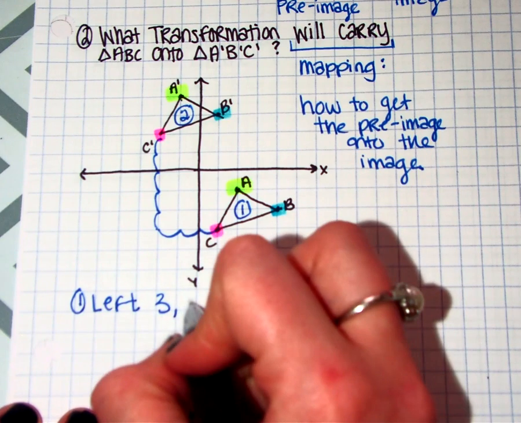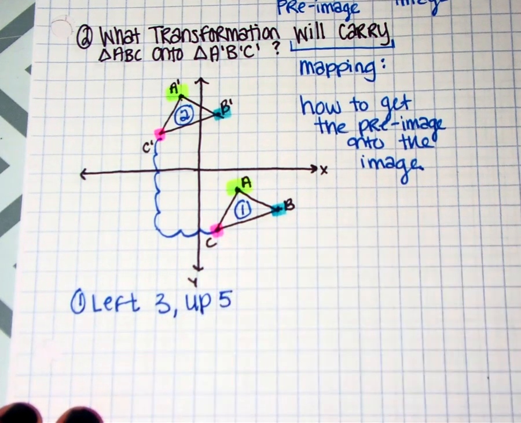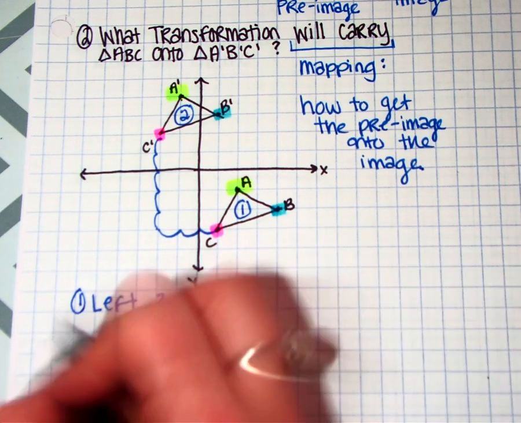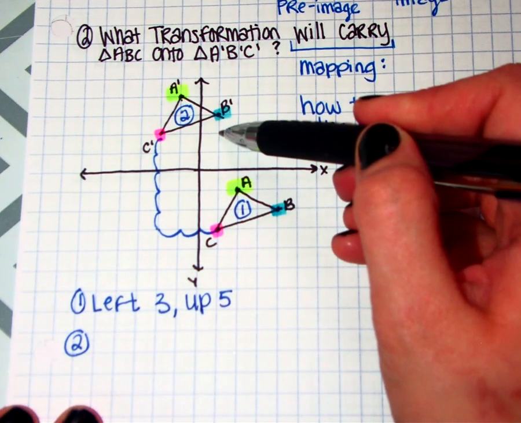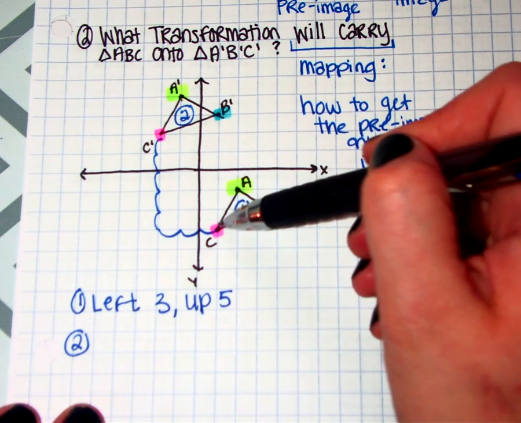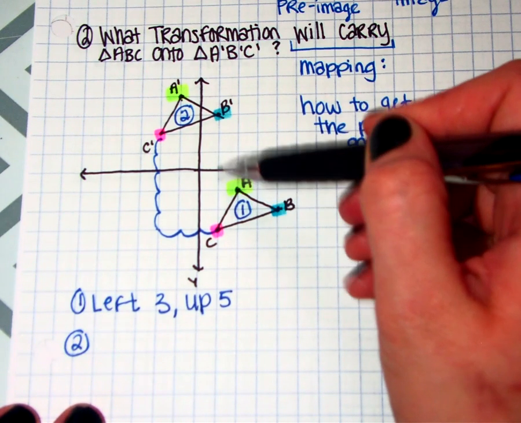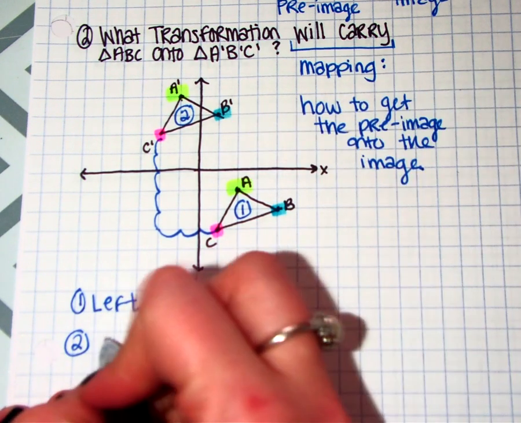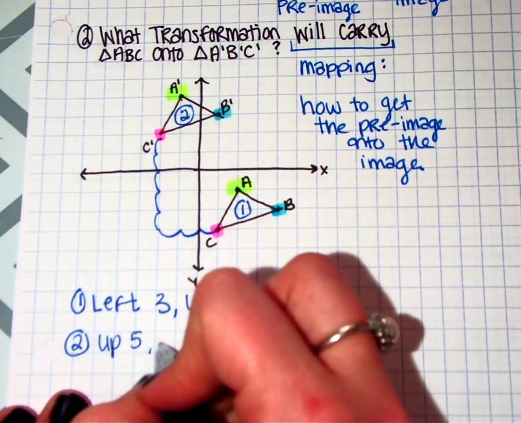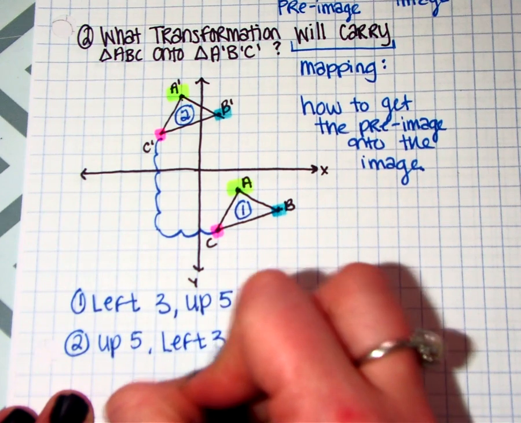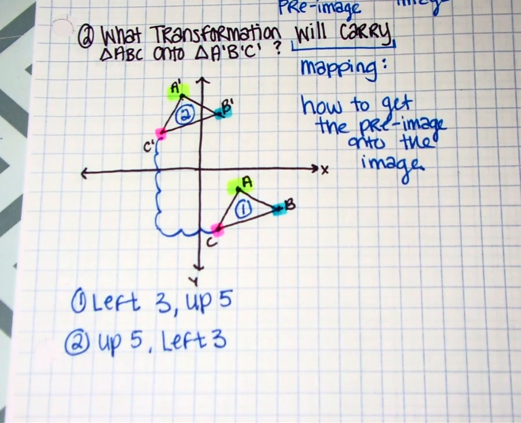So we went left 3 and up 5. That's one answer. Another answer is you could have gone up first and then left. So I could have gone up 5, 1, 2, 3, 4, 5, and left 3. So I don't always have to go left first. So I could write my answer as up 5, left 3. Even though it's the same ending point, the direction you're starting with is different. So technically, these are two different answers.